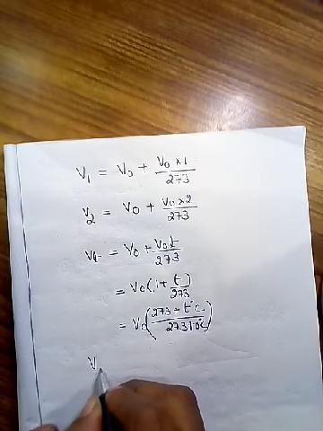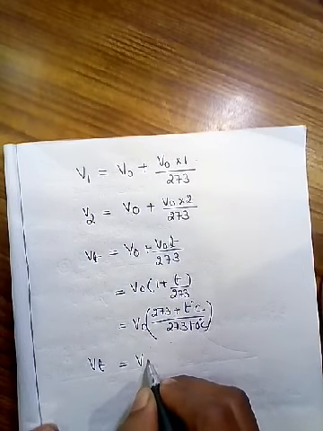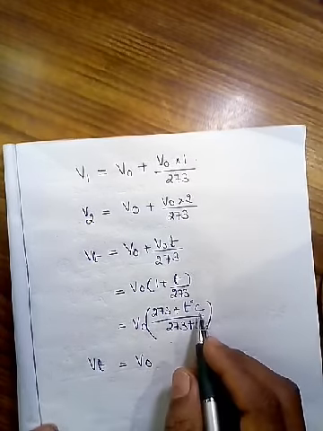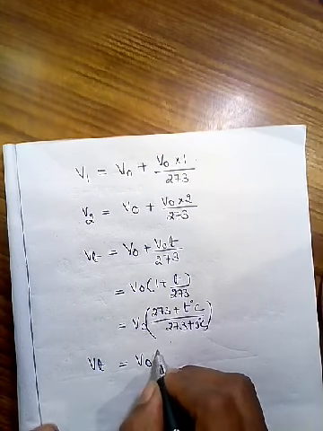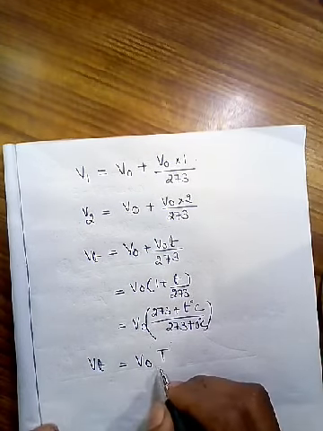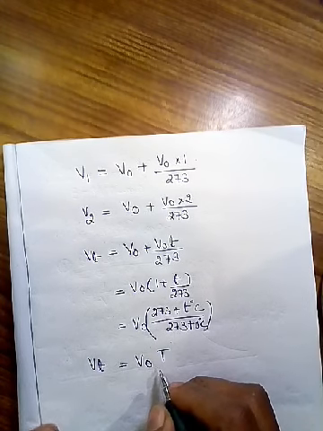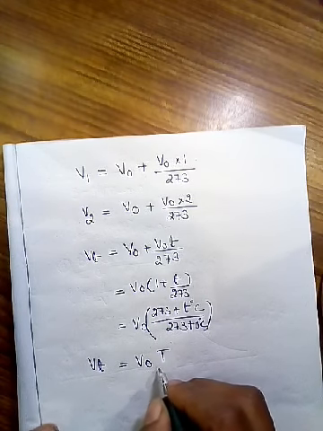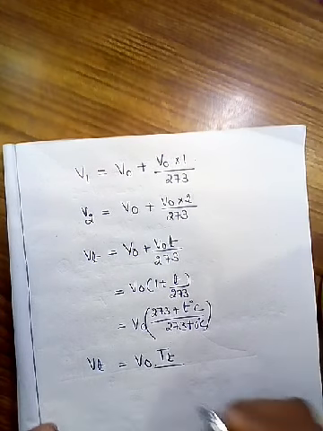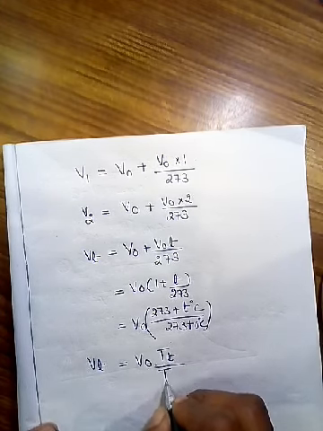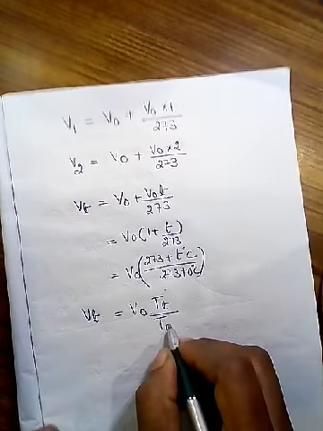So we can write here again Vt by V0. Let us take small t degree Celsius plus 273 as capital T, at small t degree Celsius, by capital T0 at 0 degrees Celsius.